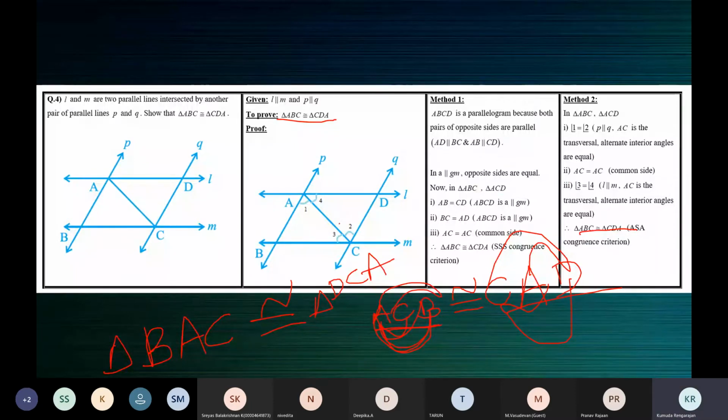Now there is so much information, because the two triangles are in a parallelogram and there are many properties. More information is available than you need to prove they are congruent. So you must check all the properties, make out the equalities available, and decide which condition to use.